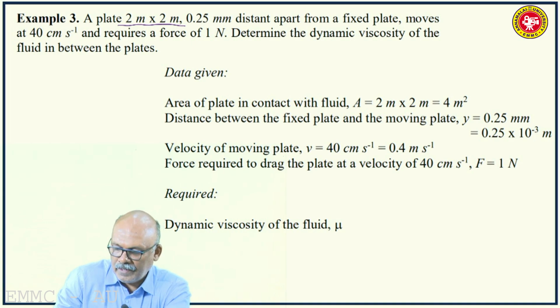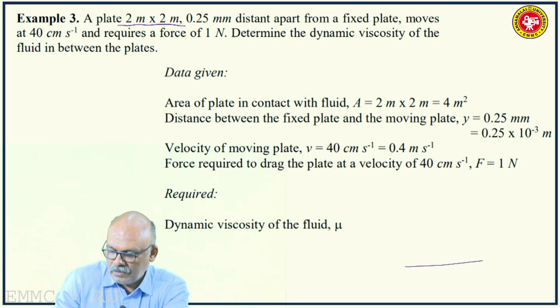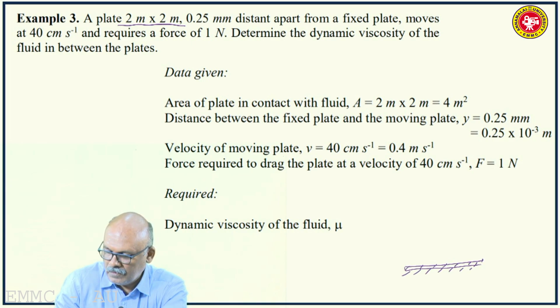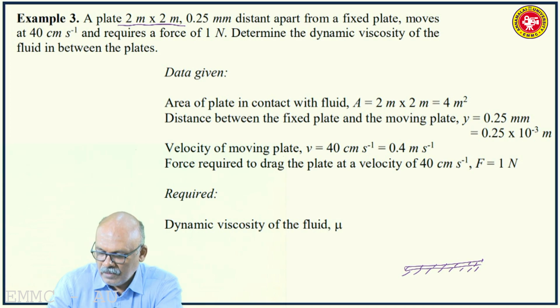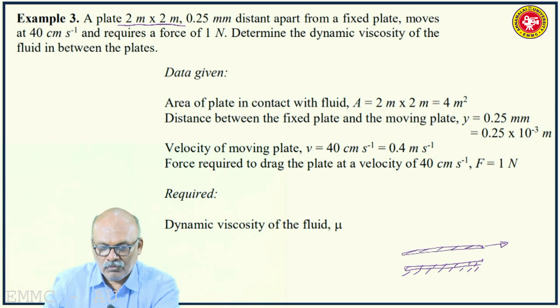Say for example, I have a bottom plate which is fixed. This is fixed, it's not moving, it's stationary, and I have another plate. The vertical scale is blown up in order to have a visual observation. So this is the top plate, which can move under the action of a shear force.